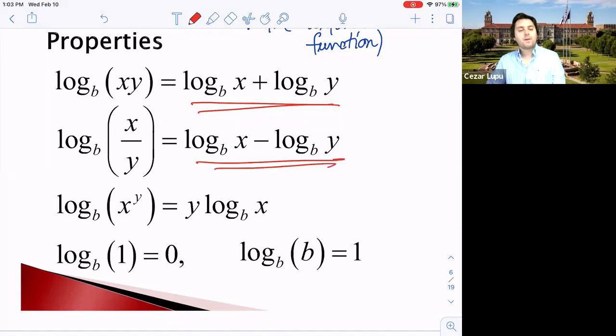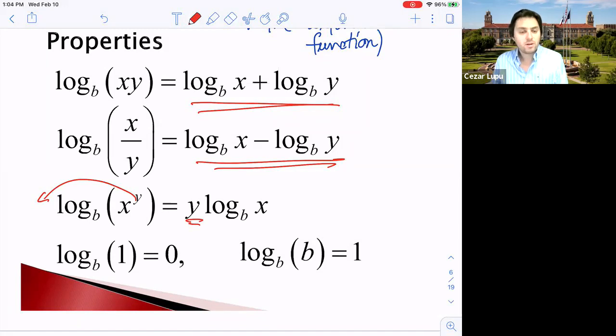Well, the third property: when you have log in base b of something with a power inside the log, guess what? The power will go outside. So you'll take this exponent and put it in front of the logarithm. So it will be y times log in base b of x.